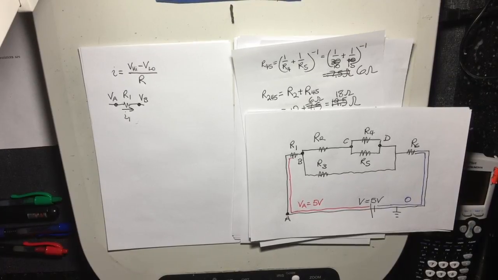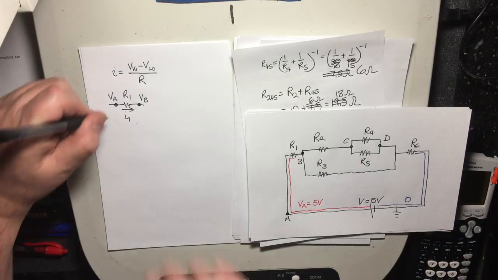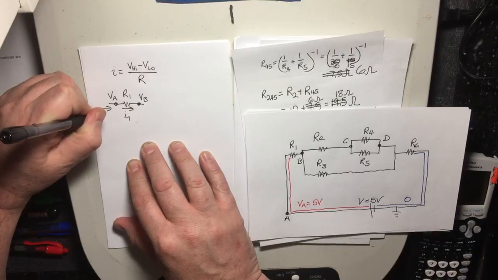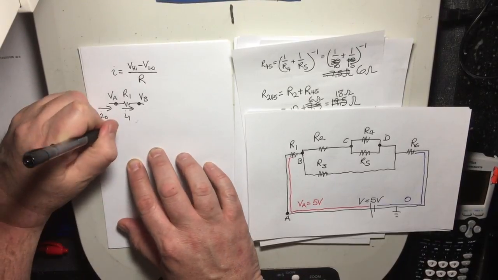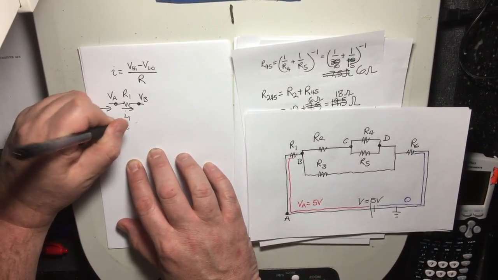I1 is the current flowing through the R1 resistor. What is the difference between I0 and I1? Nothing. The current doesn't split. So I0 is equal to I1.